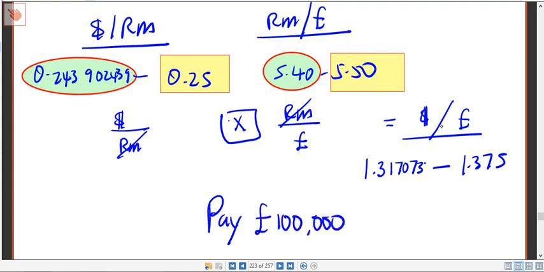Okay, now you are going to pay 100,000 pounds. What currency do you want to find? Dollar. Multiply or divide? Multiply. Pay pound, so you need to buy high. High rate, 1.375. Very good.